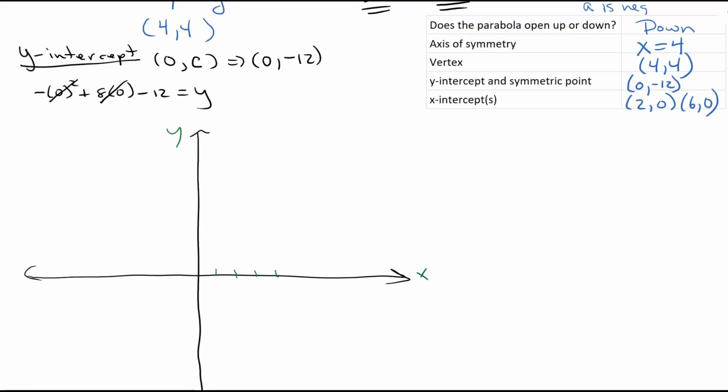So I'm going to sketch in that vertical line, just kind of a dashed line here at x equals 4. My vertex was the point 4, 4. So I'm going to add that point. My x-intercepts were 2, 0, and 6, 0. So I'm going to put those points in.